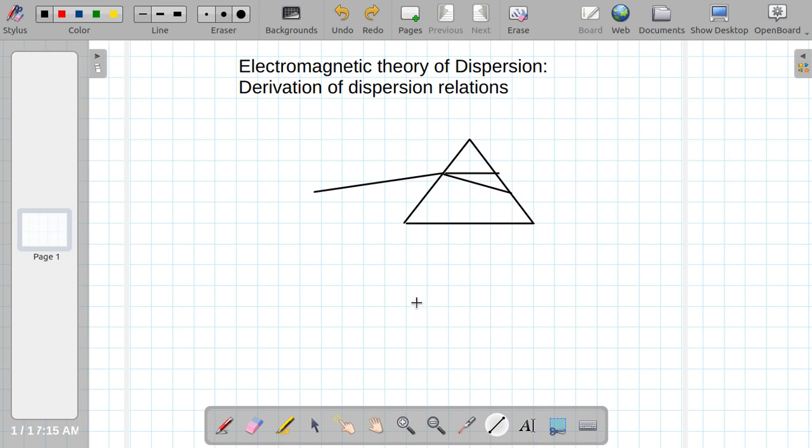So let me choose different colors. This one is the red, and this one is blue or the violet. So it will split, and in between we will get different colors.